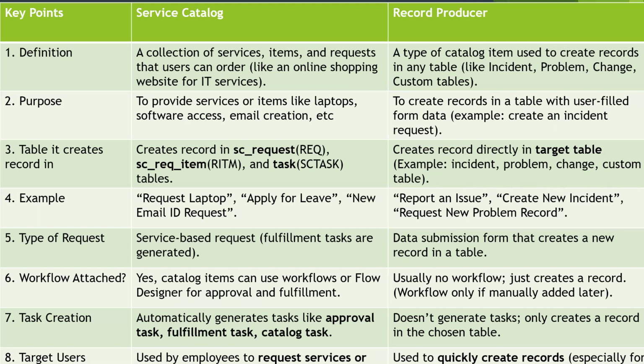Here are the key points: service catalog versus record producer. Definition: a service catalog is a collection of services, items, and requests that a user can order. For example, on an online shopping website like Amazon or Flipkart, there is a catalog. We select the product specification, then order.